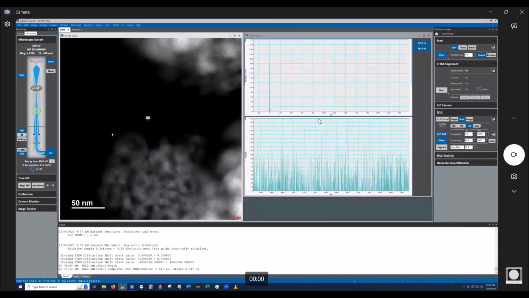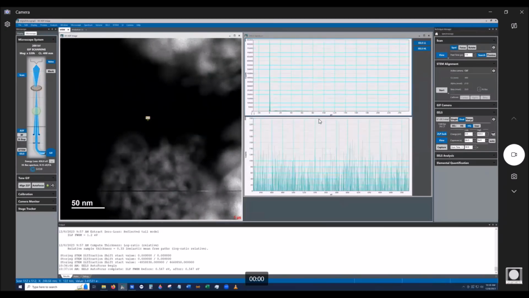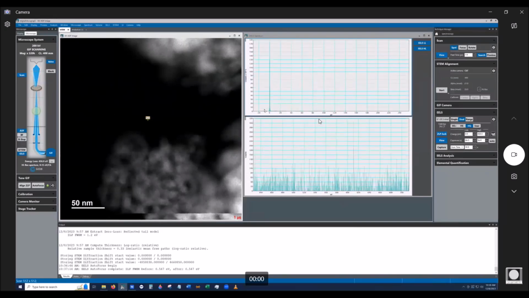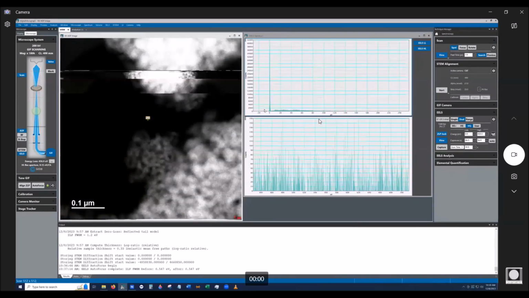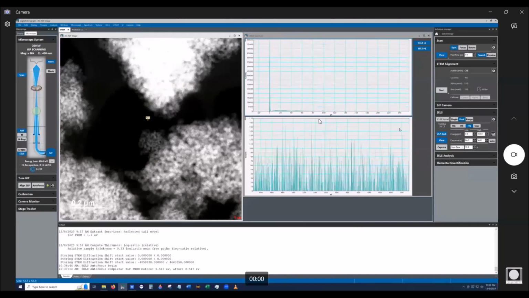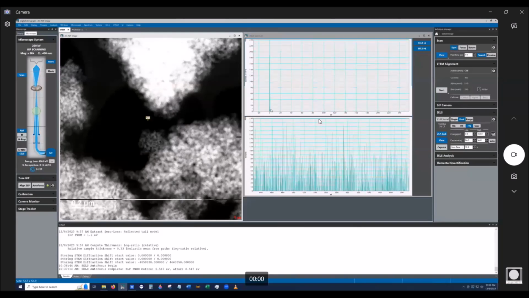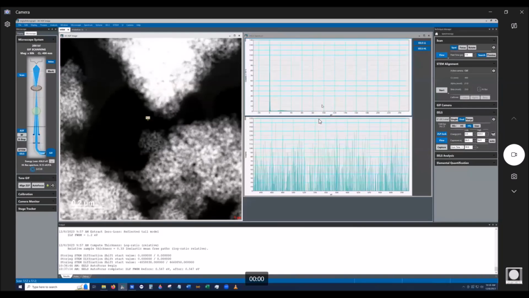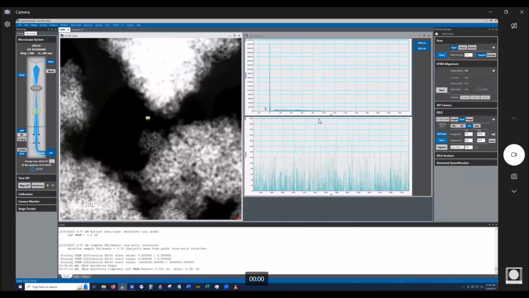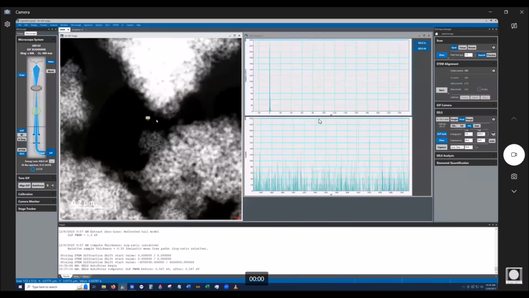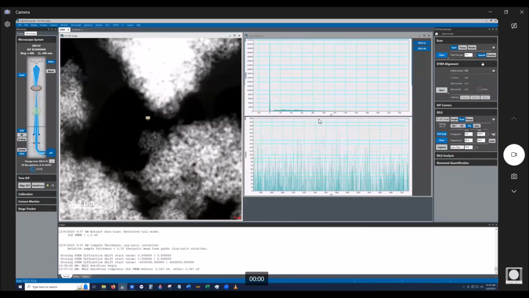All right, so let me start the scan again. Okay, so now if you watch the ZLP here, what you see is the ZLP kind of moves around as it scans over a wide area. This is because I don't have Descan on.